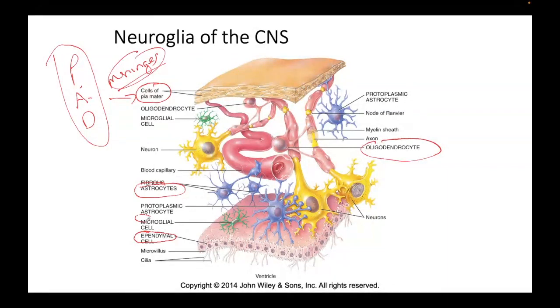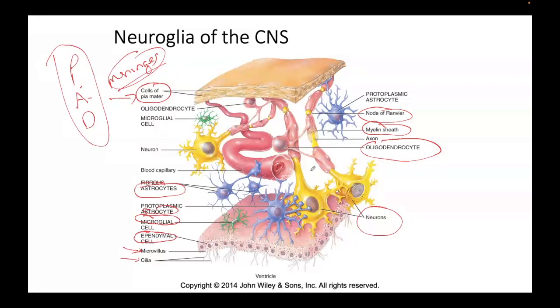We have microglial cells, more astrocytes. Off these ependymal cells, we have cilia and microvilli. We have neurons. There's the infamous neuron. We could see it looks like it's myelinated. You can see the node of Ranvier there.